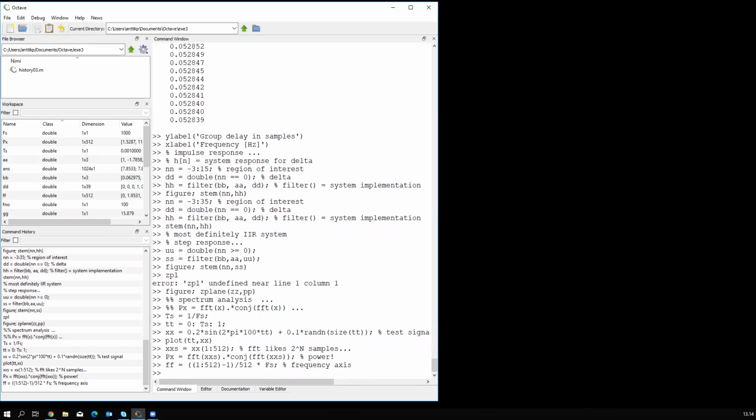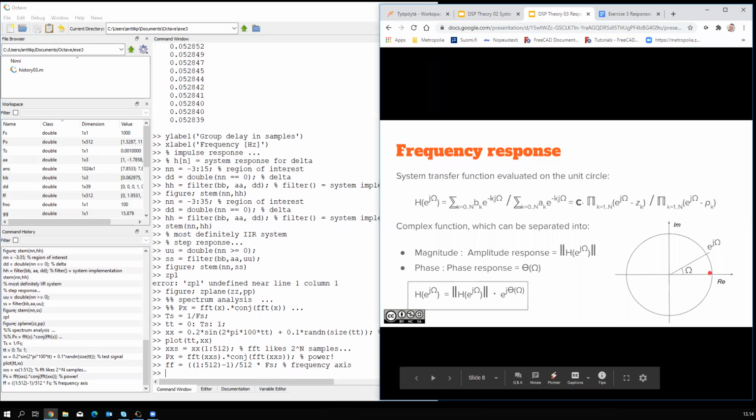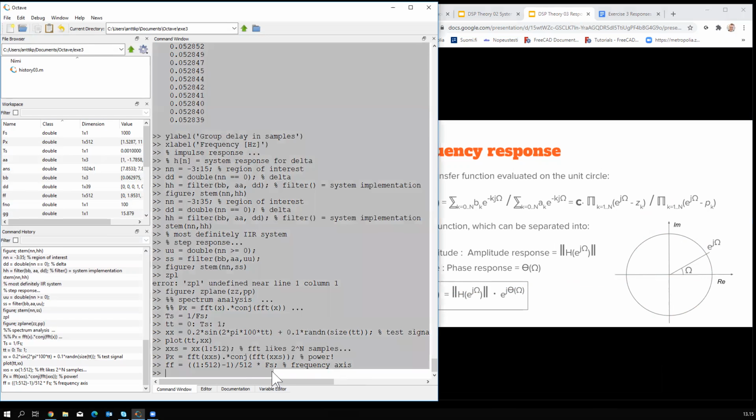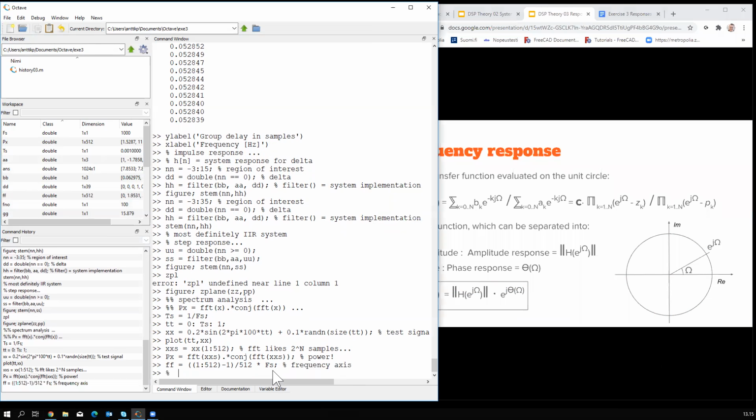Okay, let's take that back actually. We need to plot only this half of the data, because the other half is just the mirror image. So for plotting, we need only half of the spectrum.